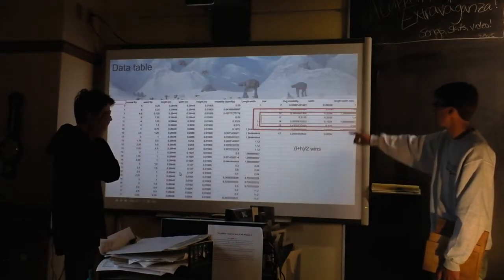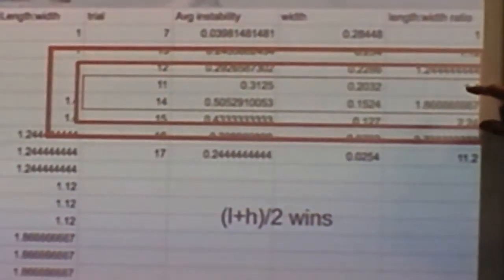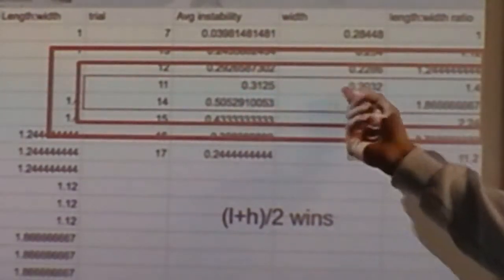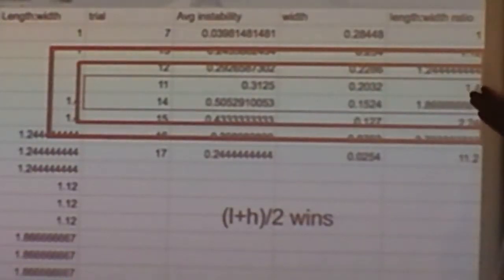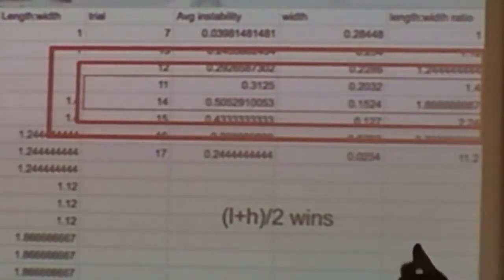And so here is, let's see, which one's which. This is the average instability. The 0.3125 is when the width was the value for when the intermediate axis was the average of the two other inertias.